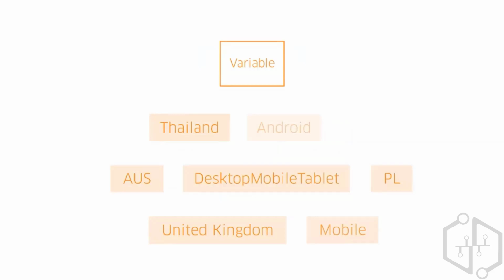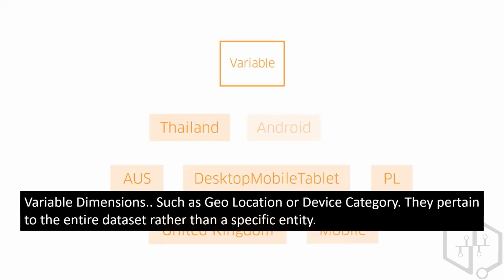So that's called a variable dimension. We will discuss why it is called a variable dimension and what relationship makes it a variable dimension. Such as location or device category, they pertain to the entire data set rather than a specific entity.